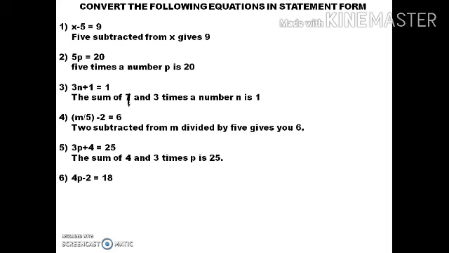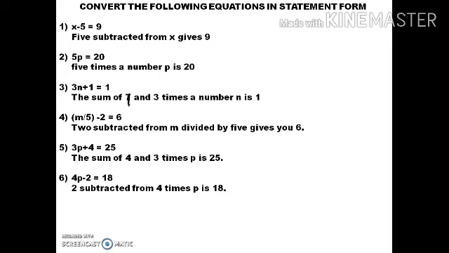Sixth one. 4p minus 2 equal to 18. How will you write it? 2 subtracted from 4 times p is 18.